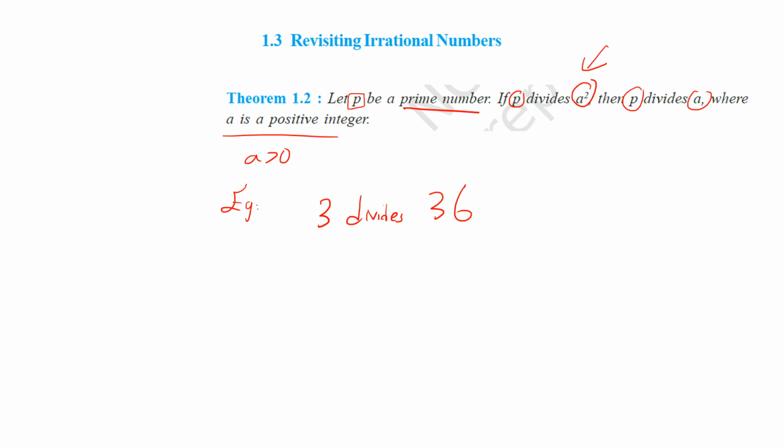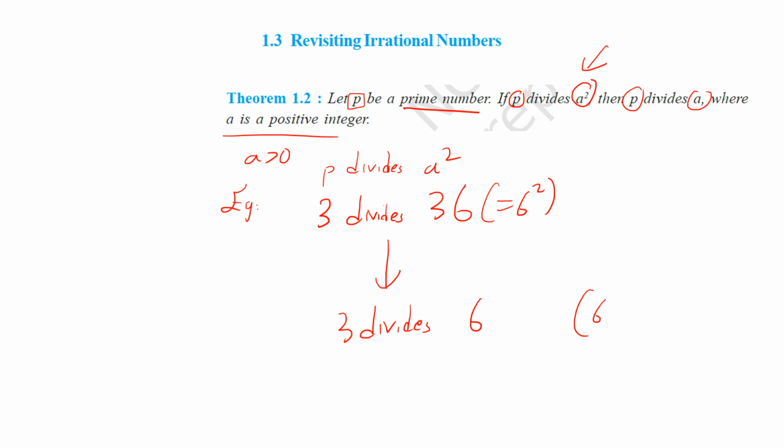Yeah, 3 is dividing 36. 36 is nothing but 6 squared. Now can we also say that 3 divides 6? Yeah, this is like P dividing A squared, where P is 3 and 3 divides 36. So can we also say that 3 divides 6? Of course we can, because 6 happens to be a multiple of 3. So that is what this theorem is saying.